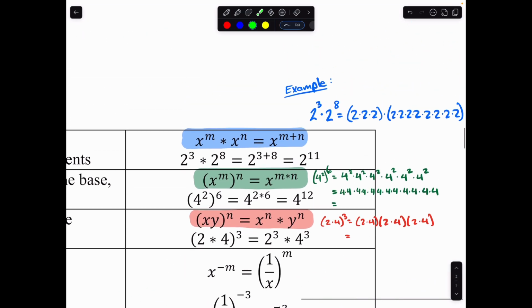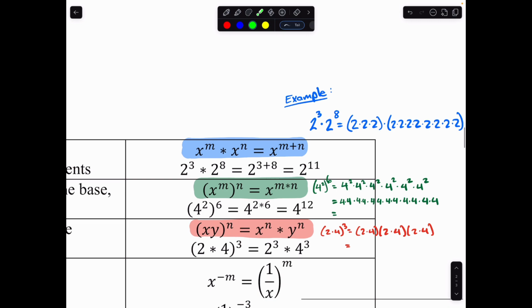This first one is the multiplication rule. I've highlighted it in blue already, but notice that the base is the same. So if we have two terms with the same base and we're multiplying them together, we can add the exponents. I don't want you to just take me at my word. I want to show you why this works. So let's say you have 2 to the third times 2 to the eighth.